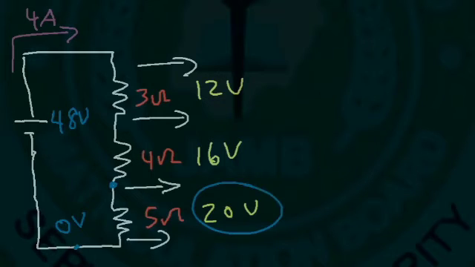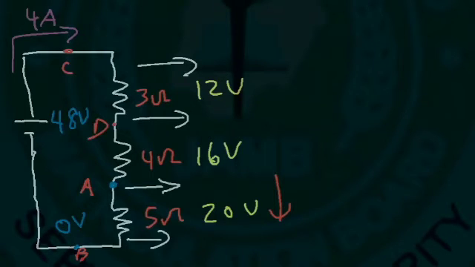Since the difference is 20 and the current is flowing in a downward direction, point A has to be higher than point B. Let's call this point C and point D. So that would mean that point A is at 20 volts. Now the voltage difference here is 16. So that means this point is at 36 volts. And over here it has to be 48. It's 12 higher than this value.